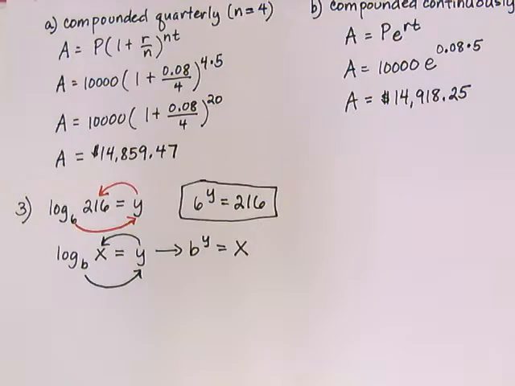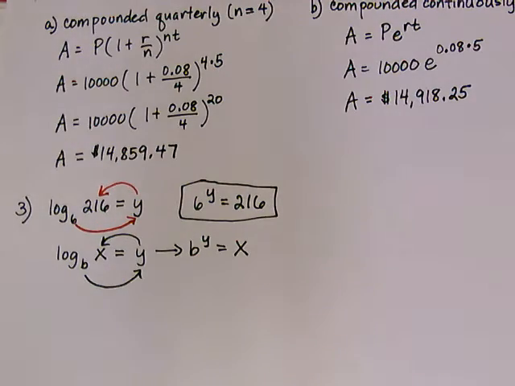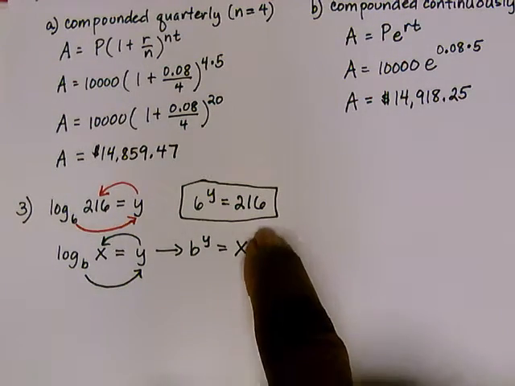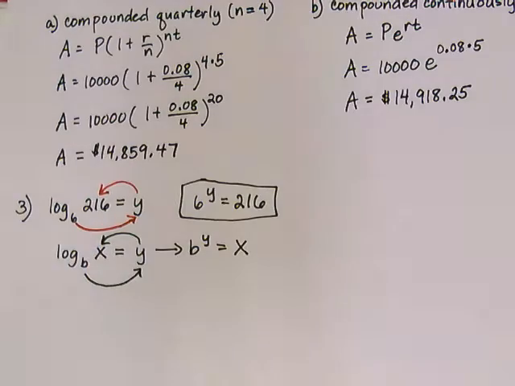So in its equivalent exponential form, log to the base 6 of 216 equals y is equivalent to 6 to the power of y equaling 216.